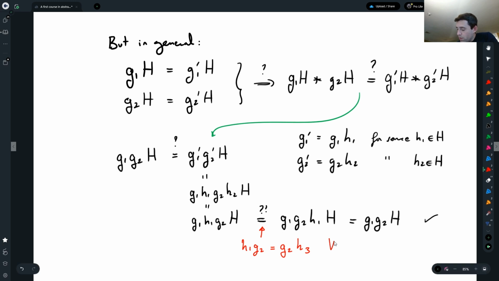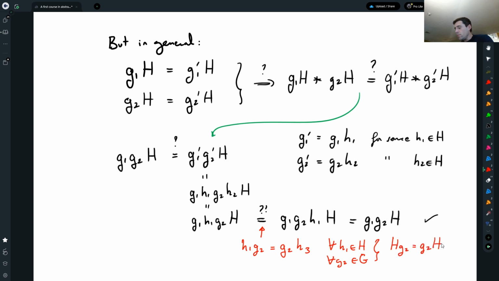And this has to happen for all H1s in H and for all G2 in G. So what actually would need to happen is that H G2 is the same as G2 H. That's what would need to happen for this to happen for all H1s and all G2s. For this to happen, we would have to have that the left coset is the same as the right coset. And that is not always the case.